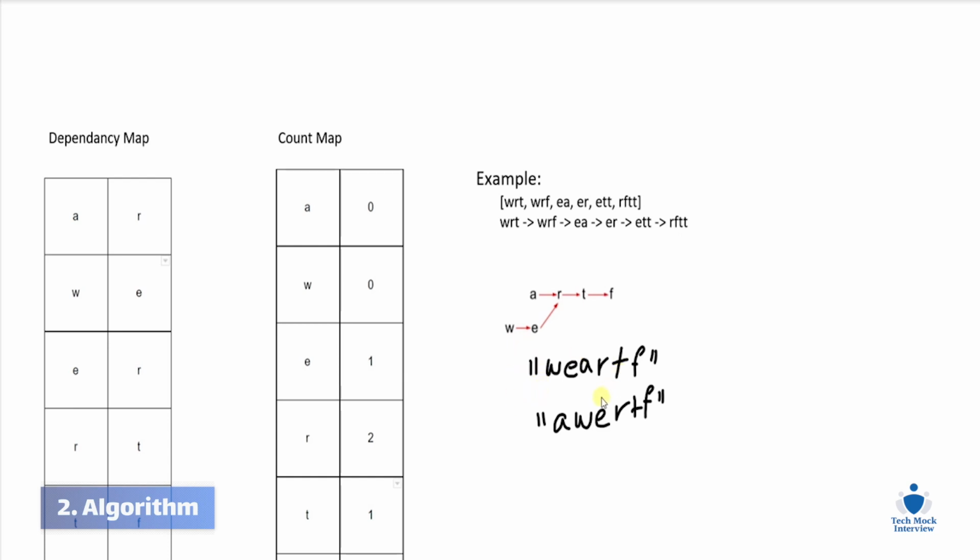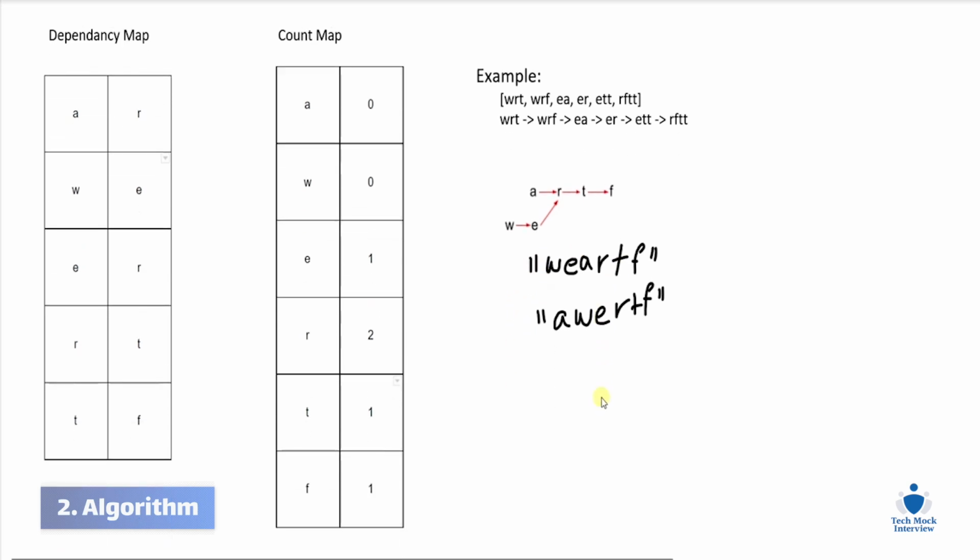Now, how do we actually visualize it and make it into an algorithm? We can use a couple of tools for that. First things first, we can have a dependency map where we determine the dependencies of each letter, and we can have another table, which is the count map.